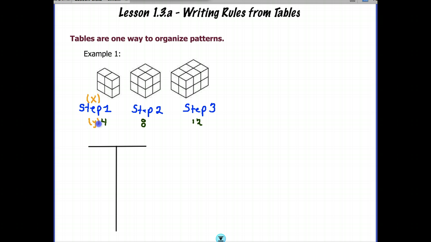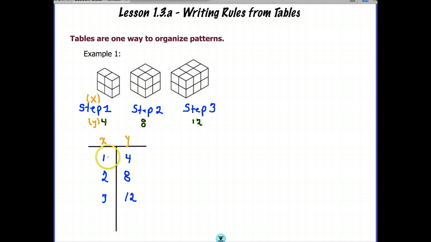That way we can put it in the table a little bit easier. So we'll put x's here, we'll put our y's here. And then we'll just record what we have. On our first step, we said we had 4. On our second step, we said 8. And on the third step, you have 12.